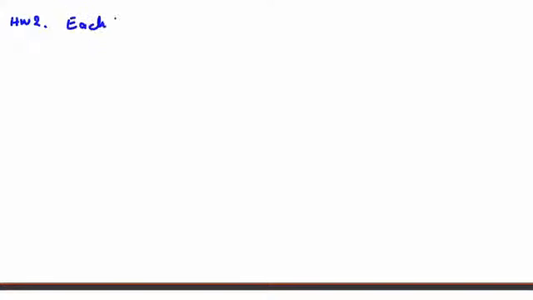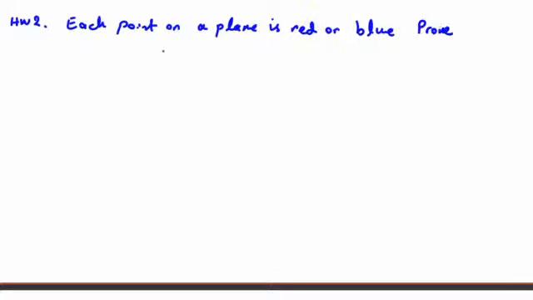Each point on a plane is red or blue. May I correct this part? Is red or blue? Prove that.